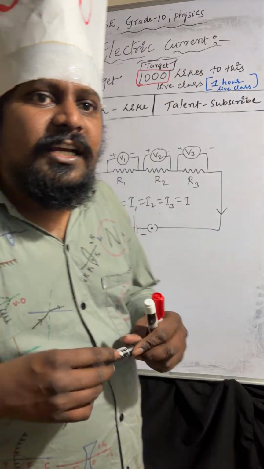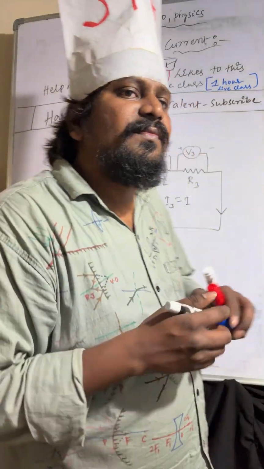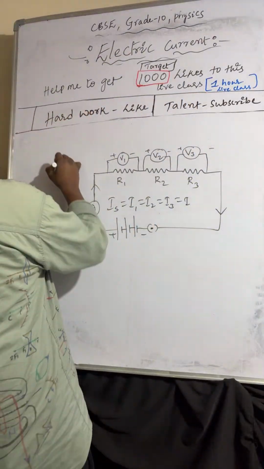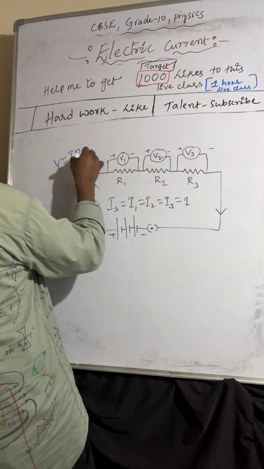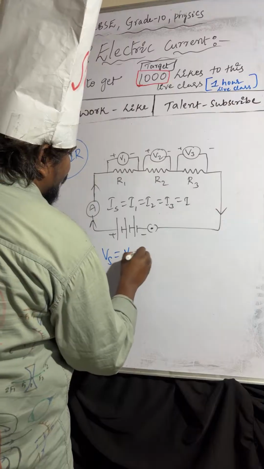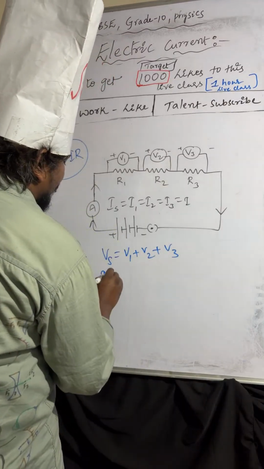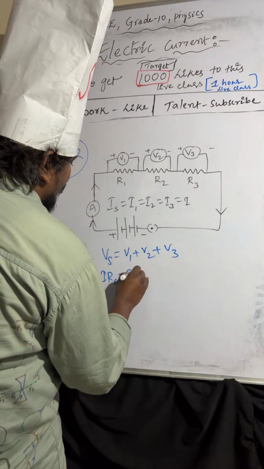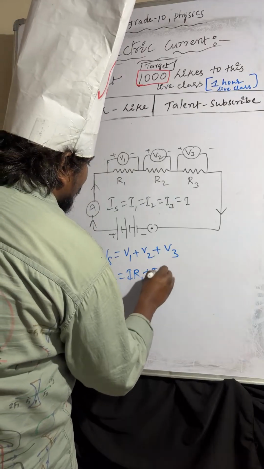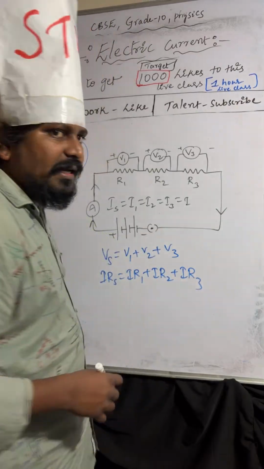But the potential difference is different. From Ohm's law, V equals IR, and Vs equals V1 plus V2 plus V3. That is, I Rs equals I R1 plus I R2 plus I R3.